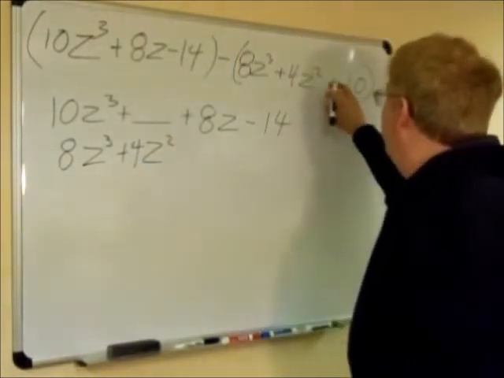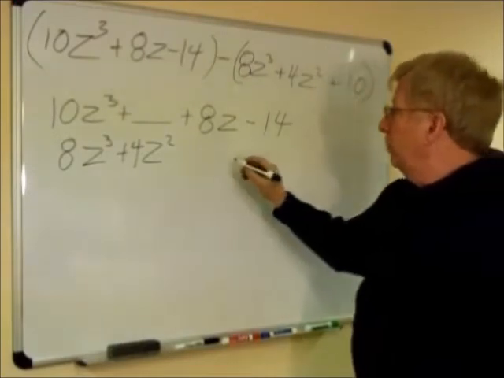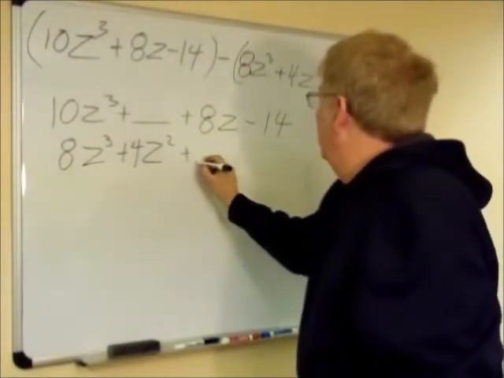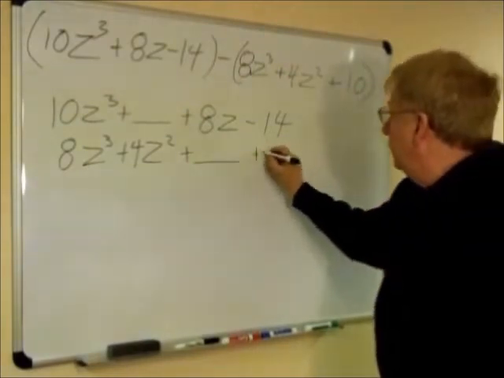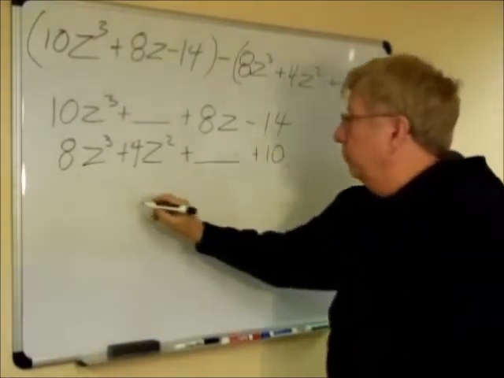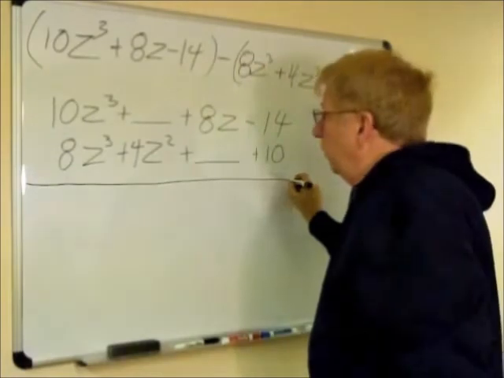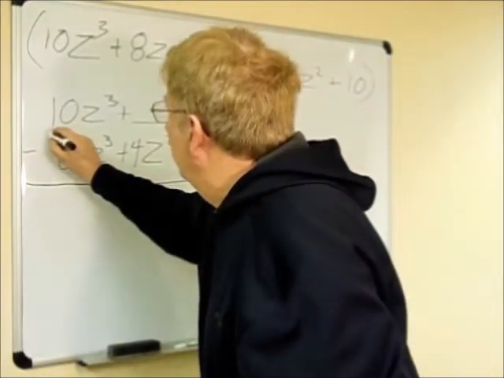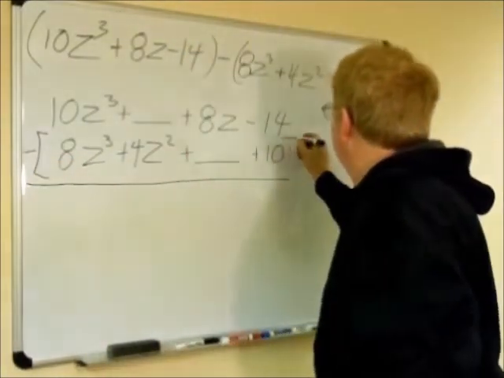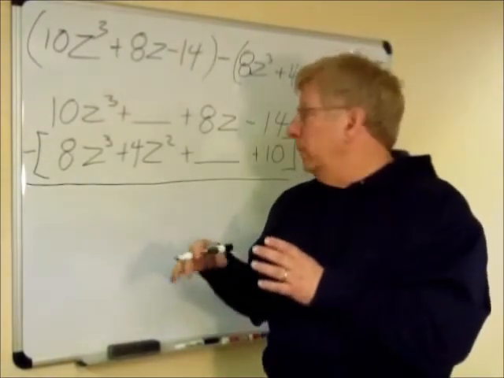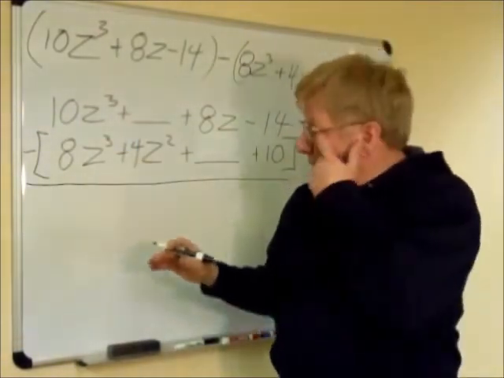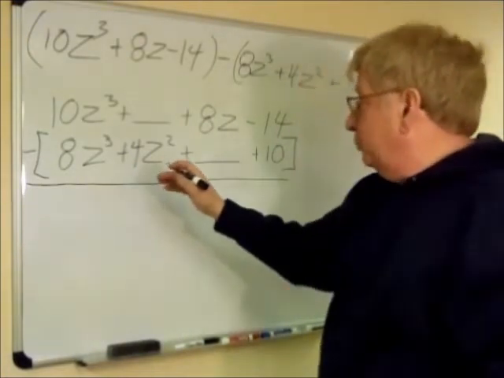We don't have a z to the 1 term, so we'll just put a placeholder there for that one. And then we have a 10, a constant. Now we're going to subtract this whole thing, which is the same as adding a negative of each term. But we'll leave it this way.